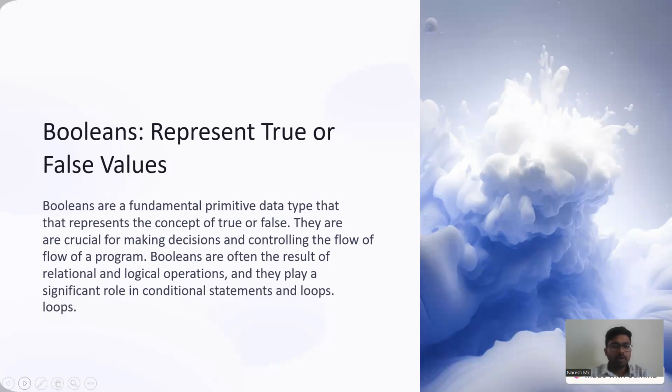Booleans represent true or false values. Booleans are fundamental primitive data types that represent the concept of true or false. They are crucial for making decisions and controlling the flow of a program. Booleans are often the result of relational and logical operations.